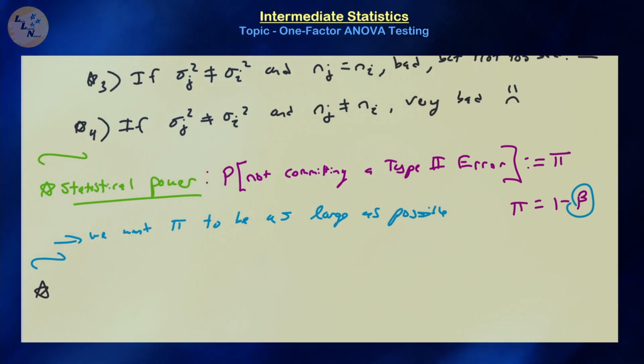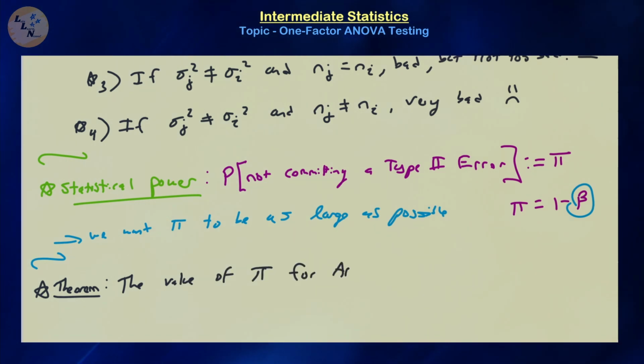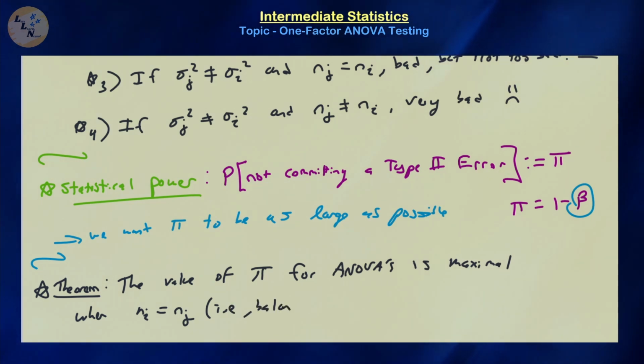Now, there's a theorem which we're not going to prove here, but it's very important to be aware of, which is that the value of pi, statistical power, for ANOVAs is maximized when the group sizes are equal to each other, i.e., a balanced design.